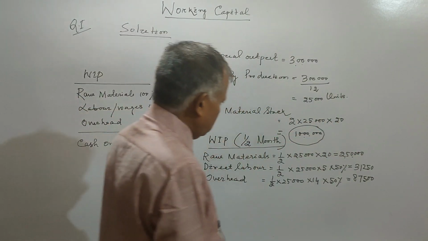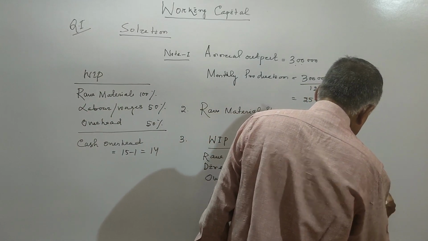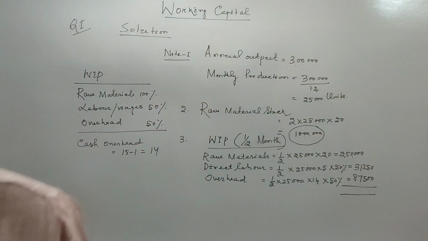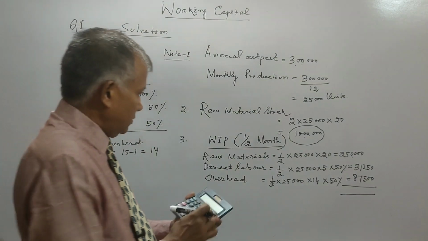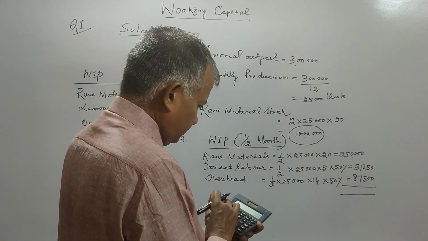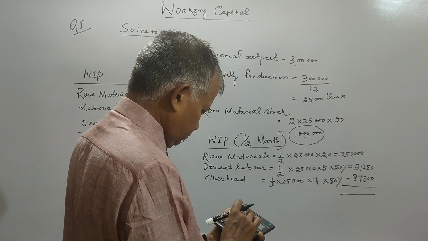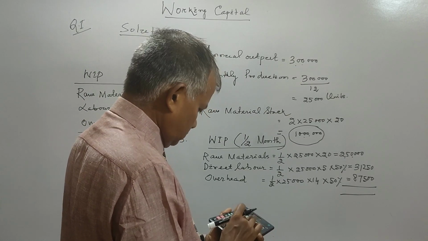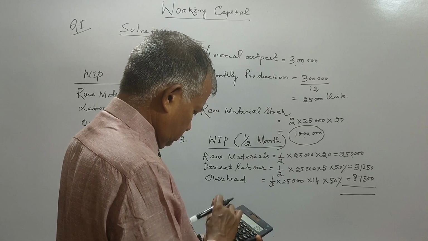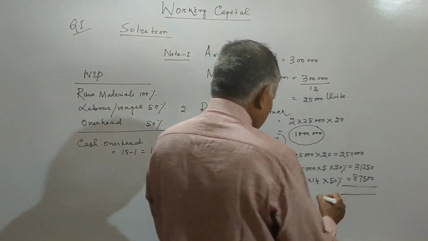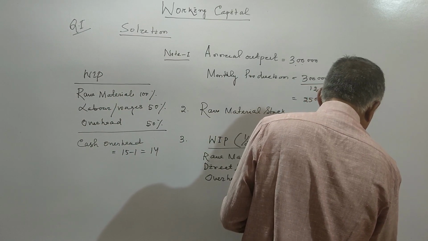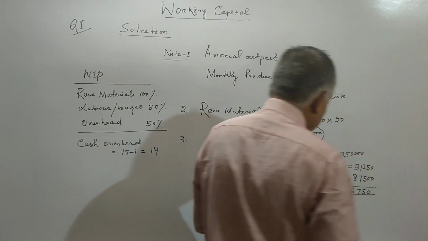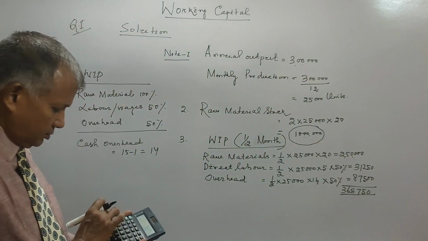So this is the valuation of work in progress, right? Total work in progress will come to 3,68,750. This is your work in progress.